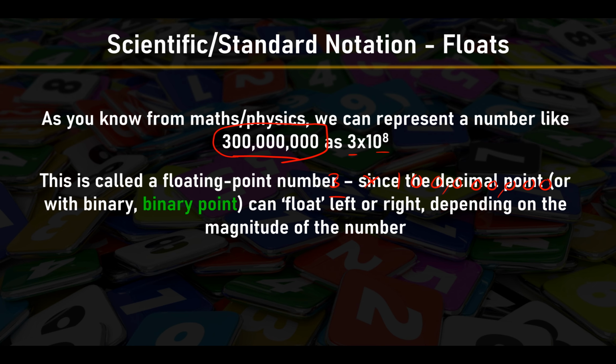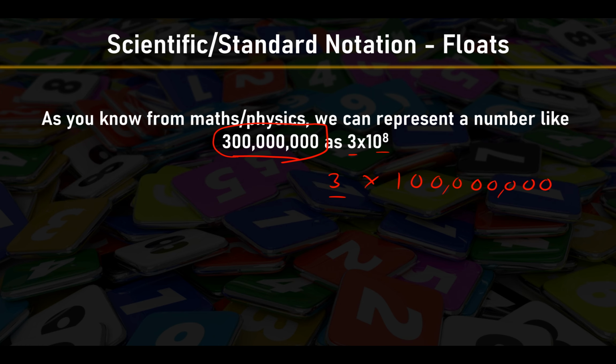And this is why they're called floating points, since the decimal point is kind of moving back and forwards. For example, if we just have this, the decimal point is here. It's like saying 300 million, 0.0. But in this case, this is like saying 3.0 multiplied by 10 to the power of 8.